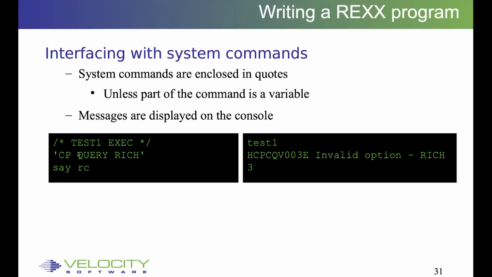So we have a very simple exec that does a CP query rich, and we're going to display the return code because the return code from the CP command is always given back to REXX. When we run this, we get this error, invalid option rich.